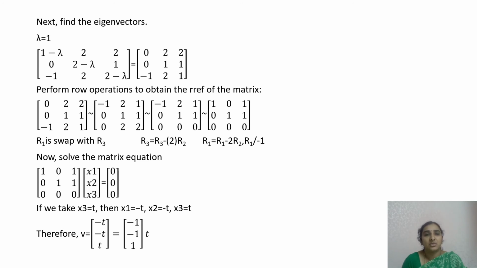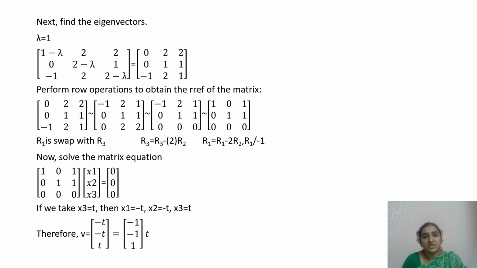Say lambda is equal to 1. To find eigenvectors, let us consider the matrix [1 minus lambda, 2, 2; 0, 2 minus lambda, 1; -1, 2, 2 minus lambda]. In this matrix, substitute lambda is equal to 1, which would result in the matrix [0 2 2; 0 1 1; -1 2 1].